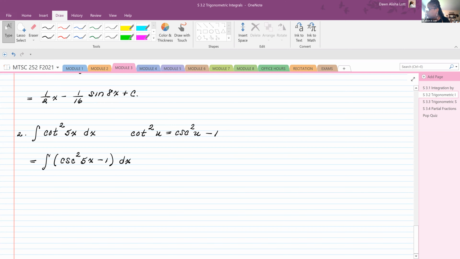Okay. So now the integral of cosecant squared is minus cotangent of 5x, but it has to be divided by 5, minus x plus a constant.